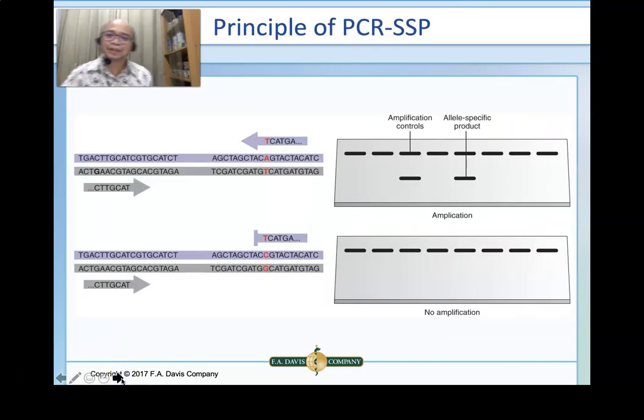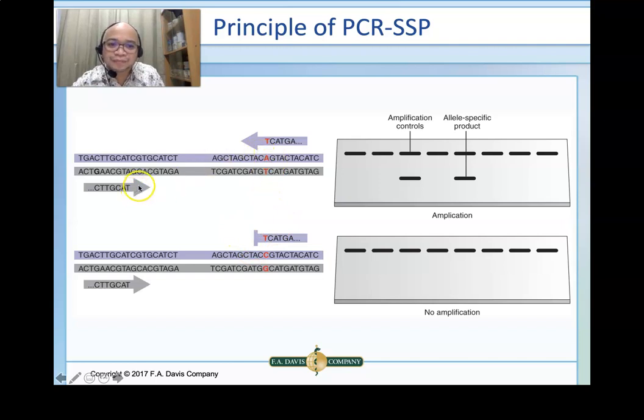So, for example, this is the principle of PCR-SSP. When you say SSP, this is the sequence-specific PCR. In sequence-specific PCR, the sequence-specific primer, encoded 3' to 5', will be extended only from a template carrying the polymorphism as shown here.